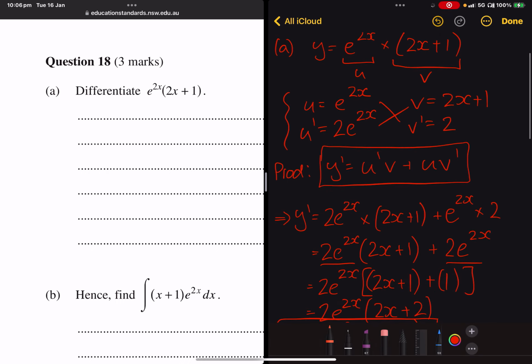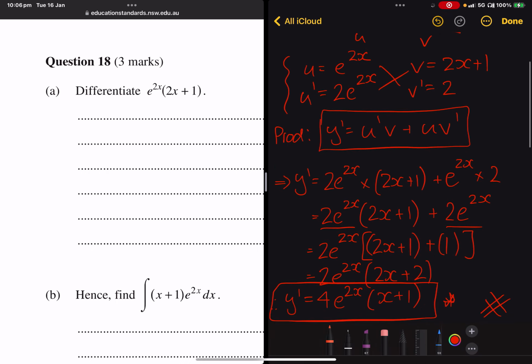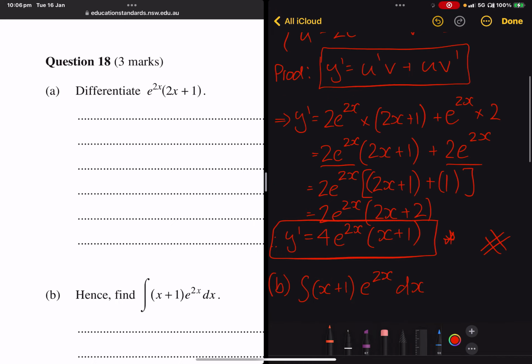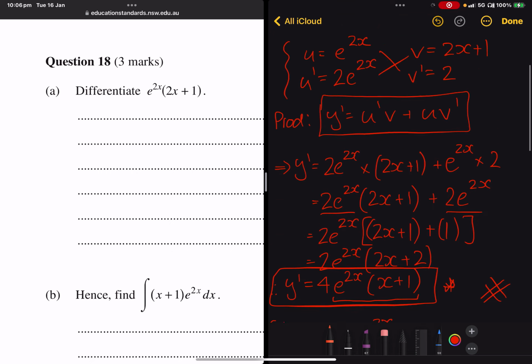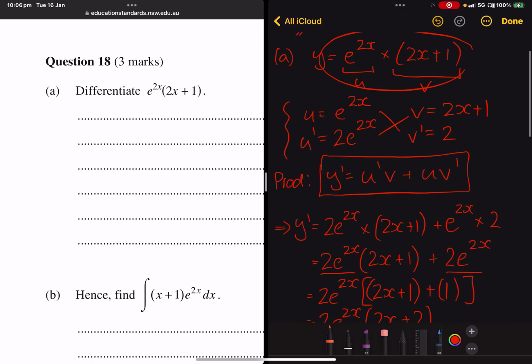Well, here we found that if y was equal to e to the 2x times 2x plus 1, its derivative was 4 times e to the 2x times x plus 1. This bit is exactly what we have down here, but it's multiplied by 4. And so this means if we are able to multiply this integral by 4, get a 4 in the bracket, it will integrate exactly to the function that we started with.